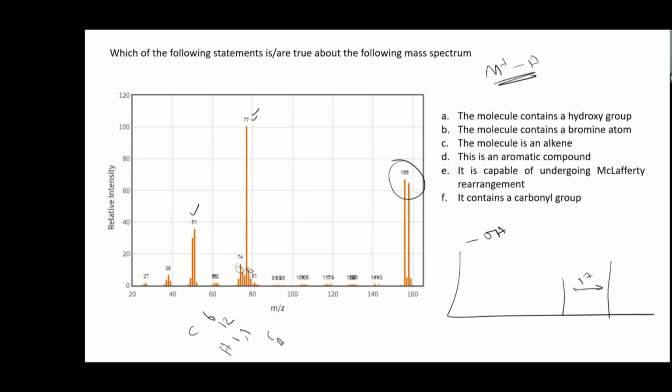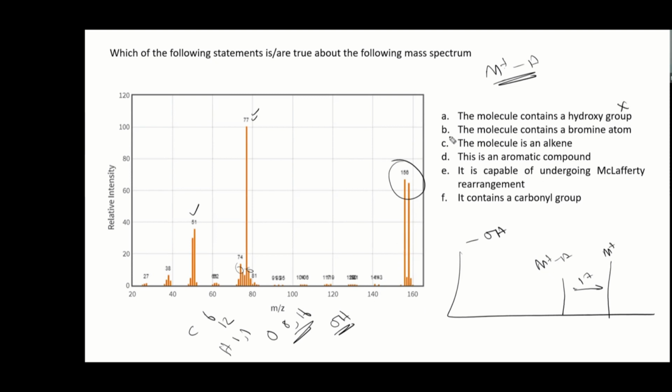Oxygen is atomic number 8 and atomic mass 16. That's the major isotope, so most oxygen in nature is atomic mass 16. So oxygen and hydrogen is going to be 17. If you see an M minus 17, that means you have a hydroxy group, which you do not have here. Therefore, this is not correct.